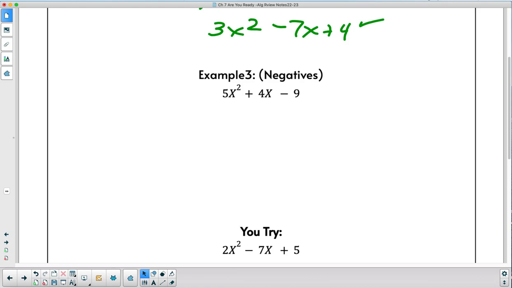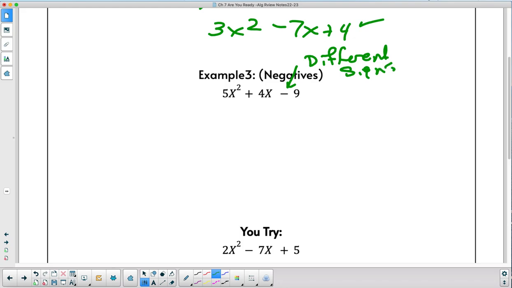Now, this one with the negative here, okay, different signs. One is added, one subtracted. This tells me, since it's positive, the big value is positive.